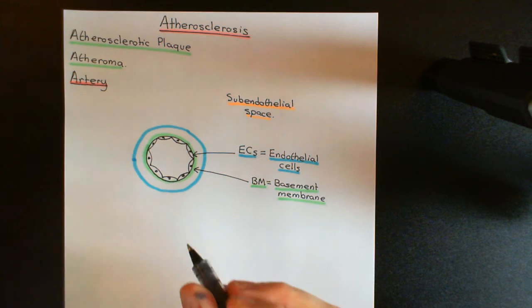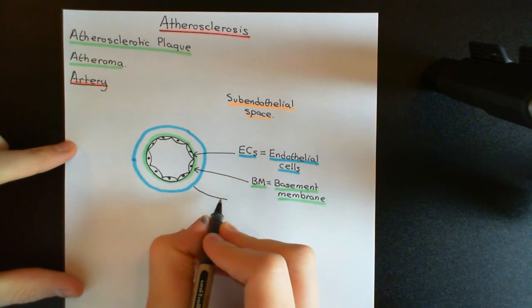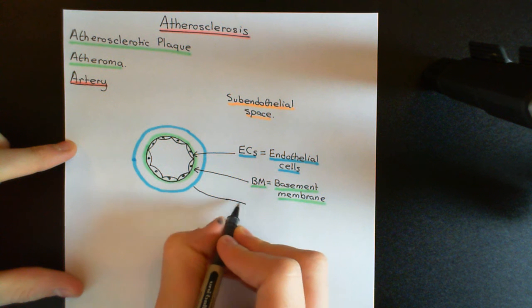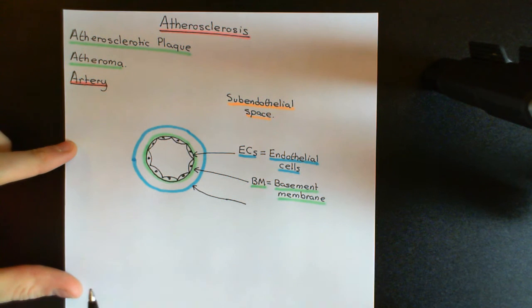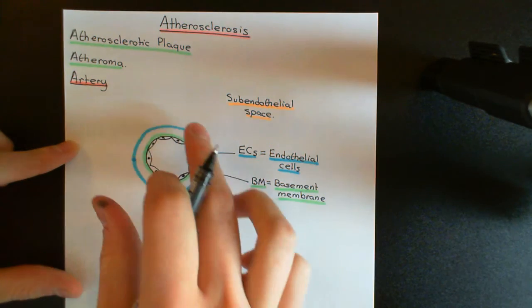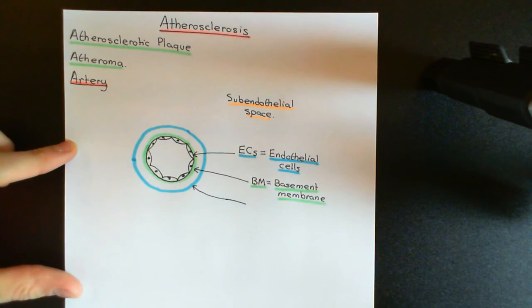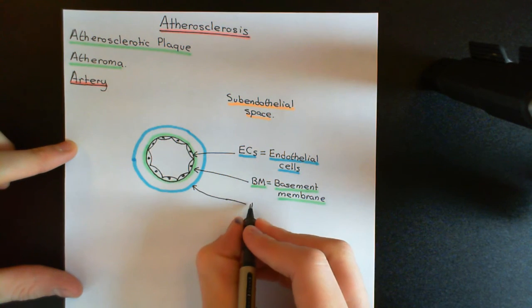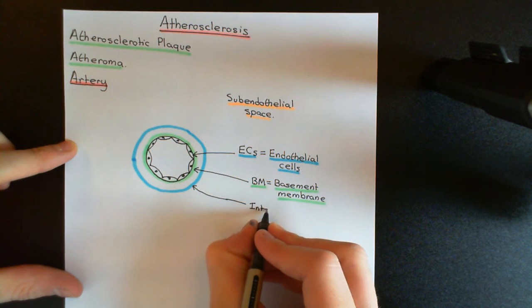Right, so what have I just drawn on this blue ring? This is a ring of very elastic connective tissue, so elastin, that surrounds and demarcates the edge of the subendothelial space, and this is known as the internal elastic lamina.